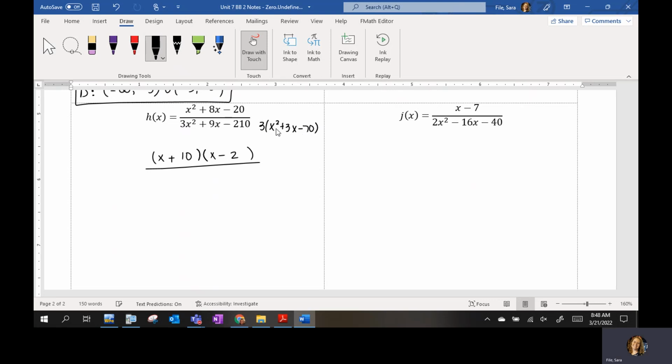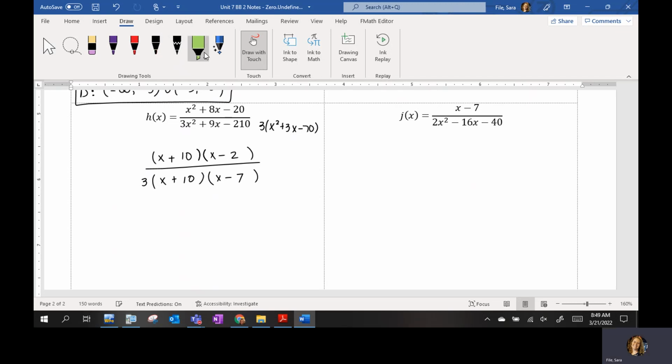Now I can do the factoring with that understood 1 there. That's a little easier for me. So what are the factors of -70 that would add to 3? They multiply to -70, so again, it's got to be a positive and a negative. They multiply to 70, but add to 3. Again, +10, this time with -7.